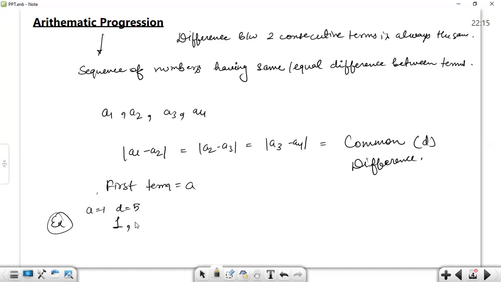If the difference between two terms has to be 5, it is increasing by 5. 6 plus 5 becomes 11. 11 plus 5 becomes 16, 21, 26, 31, 36, 41, 46, 51, 56. Now we may observe the difference between these two. What is the difference between 6 and 1?